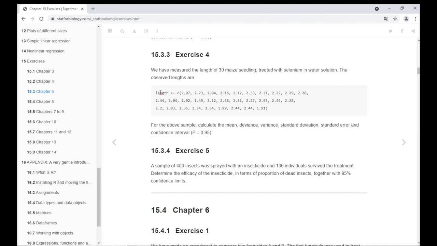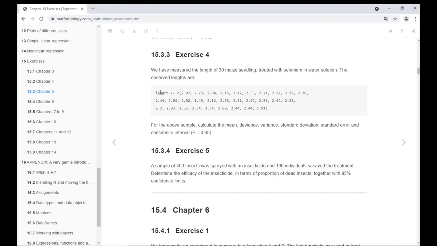We had a sample of 400 insects. And we sprayed those insects with an insecticide and counted the number of surviving insects. Right? So we had a sample of 400 and 136 survived.